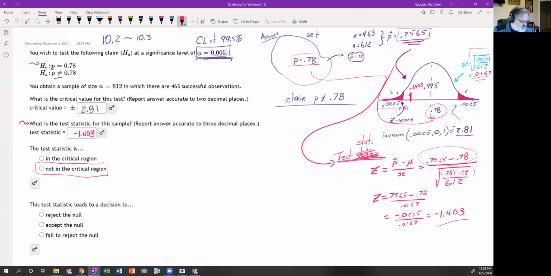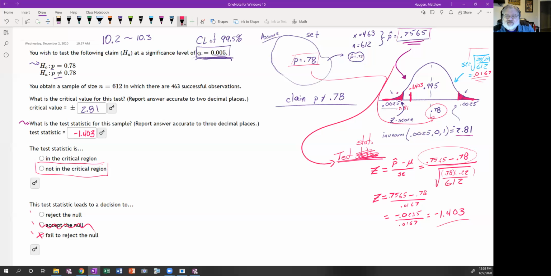If it's not in the critical region, do we reject the null, accept the null, or fail to reject the null? Fail to reject. Okay, yeah, we fail to reject. We never accept anything. You never accept the null hypothesis, because the fact that this value is in that region doesn't mean the assumption's correct.